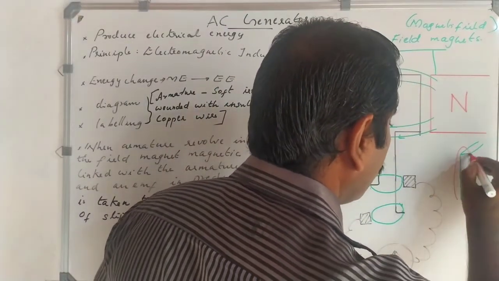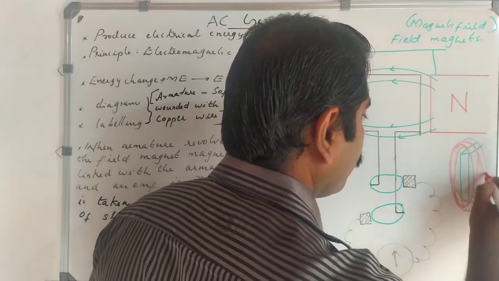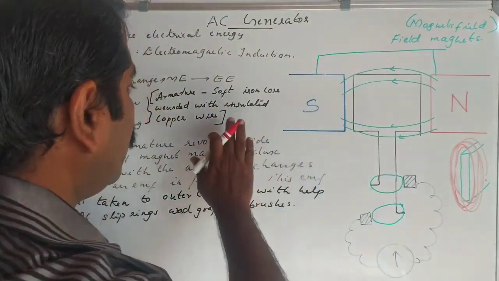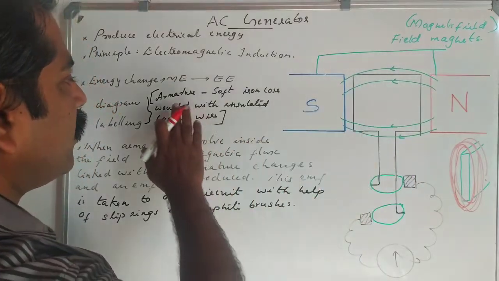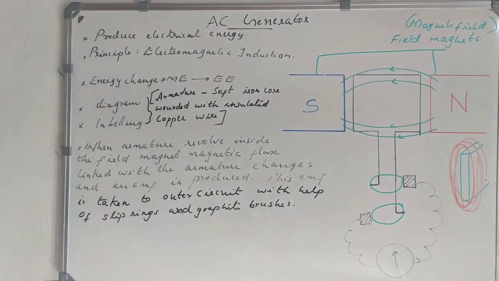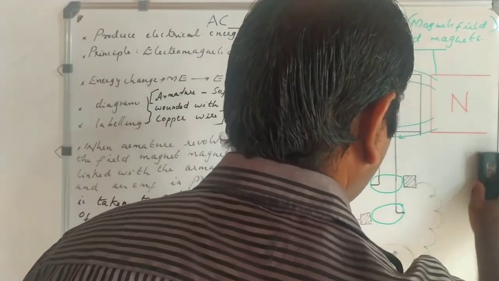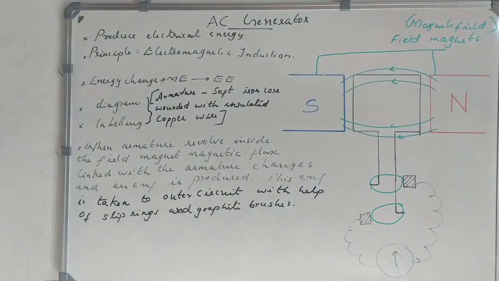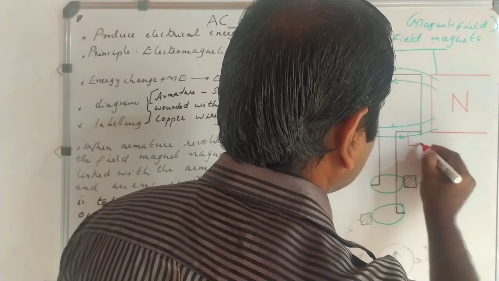This type of part, a soft iron core wound with insulated copper wire, we call armature.